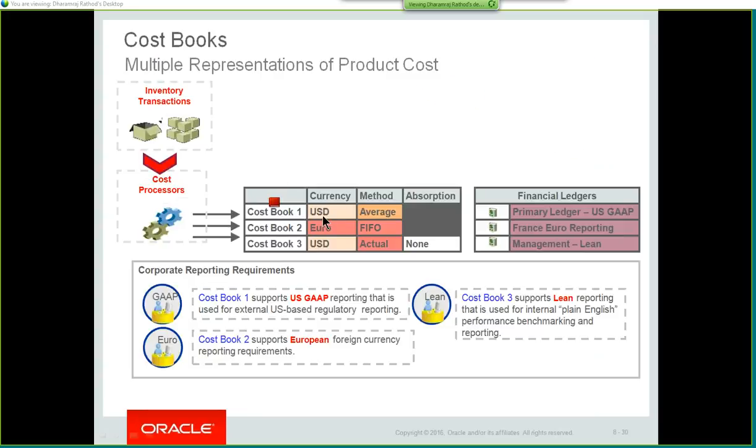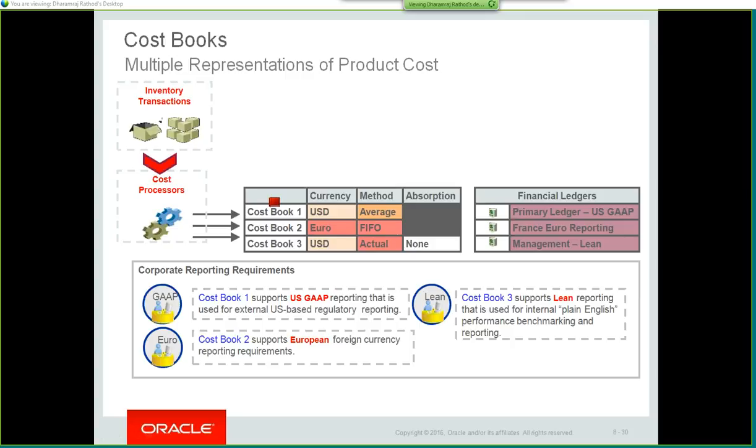So multiple representations we have already talked about, but this is how you would be able to specify the multiple representation. Using the cost book, you could have multiple currencies, but the method is different, right? You do not specify method at the cost book level, but when you associate your cost profile to the cost organization and the cost book, in context of cost organization and cost book, you can select another cost book which will have another currency or the cost profile.